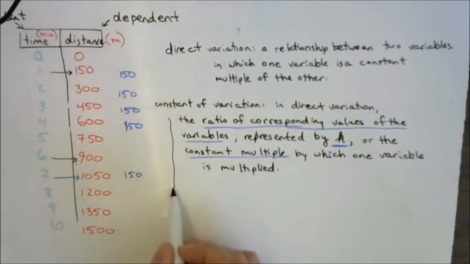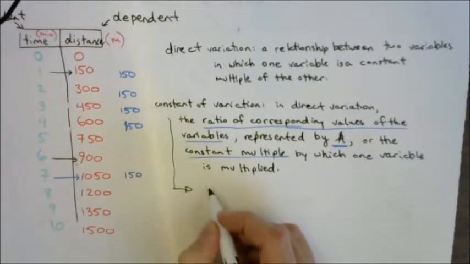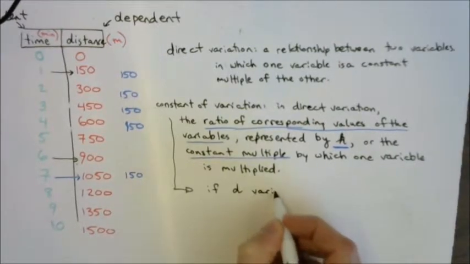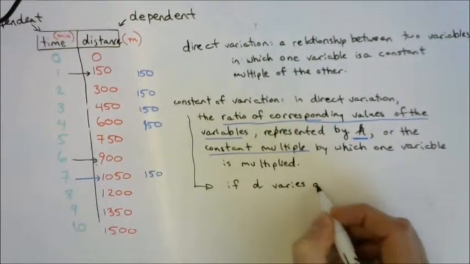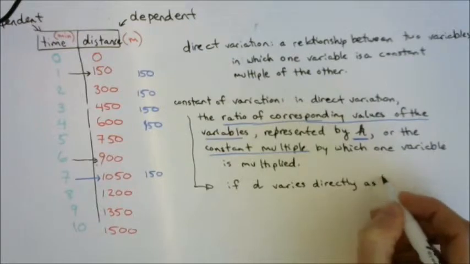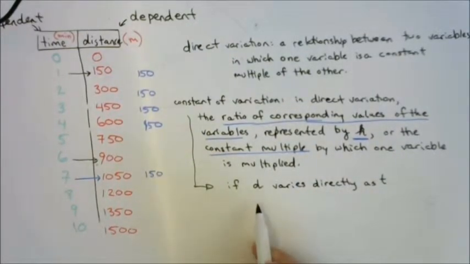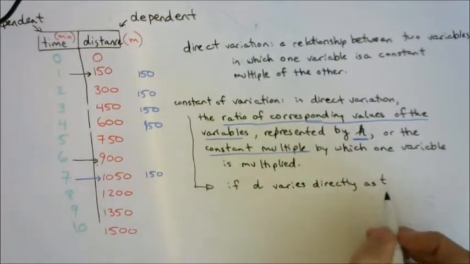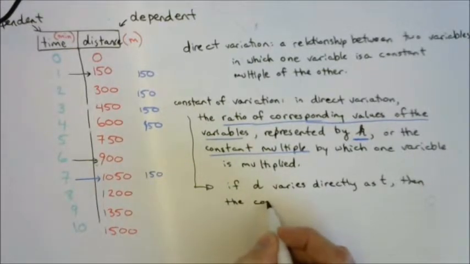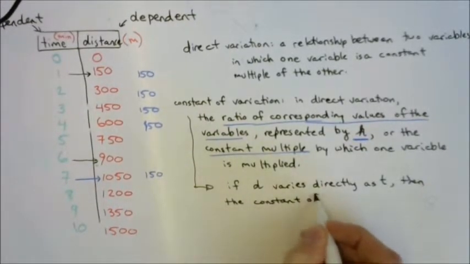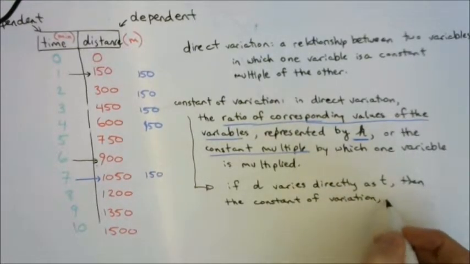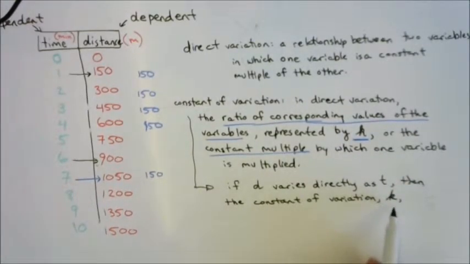A couple more notes underneath constant of variation. If, and try to figure out what this means as I'm saying it, if D varies directly as T, so D and T have a relationship where D varies directly as T, then the constant of variation, which is K, is given by K equals D over T, or D equals KT.